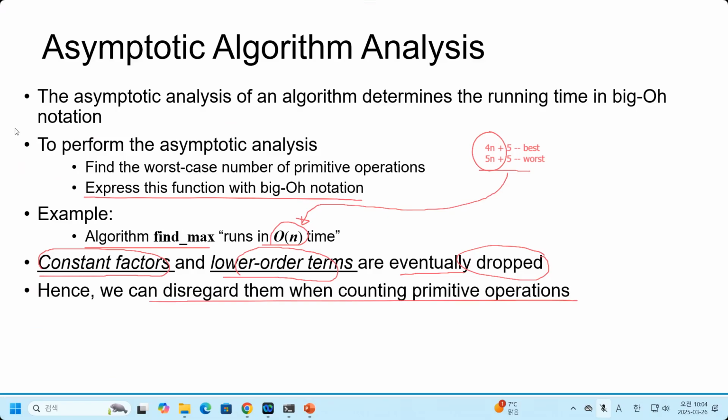It means whenever you do this kind of analysis, you will just need the 7 functions that you learned at the first time: constant, log, linear, n log n, quadratic, cubic, and exponential. You only need to deal with these functions in the practice.